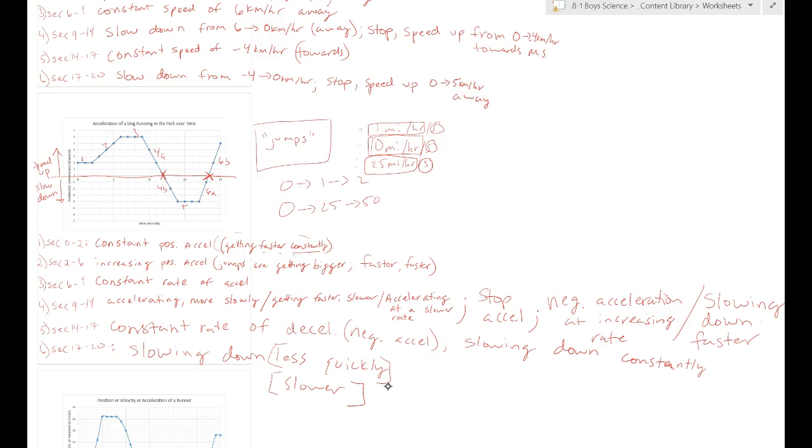So essentially what that means is here we're like really slamming on the brakes. Here we're only tapping on the brakes, right? We're still slowing down, but we're doing it a little bit less violently, a little bit less quickly. Right? So you're slowing down less quickly, or you're slowing down slower, or you're slowing down at a smaller rate of deceleration. Then you stop accelerating.